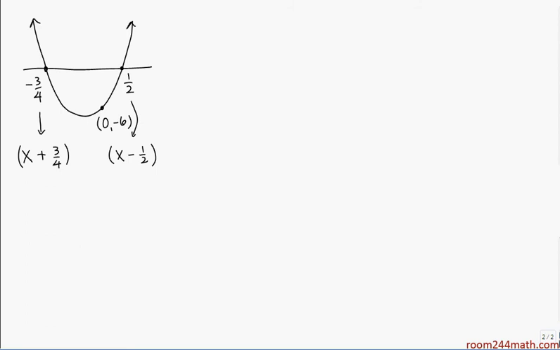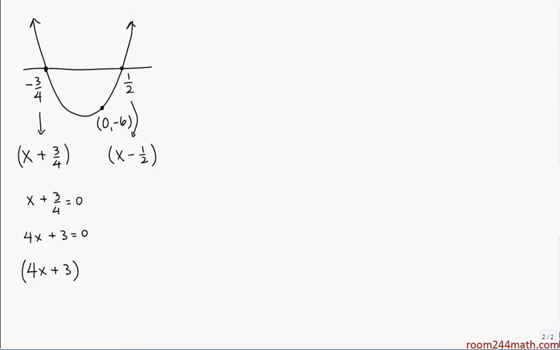If you think about how you ended up getting the zeros, you set the factors equal to 0. So if you have x plus 3/4 equal to 0, a solution to that equation is obviously negative 3/4. But if we multiply both sides of this equation by 4, we end up with another equation that also has the same solution, negative 3/4.